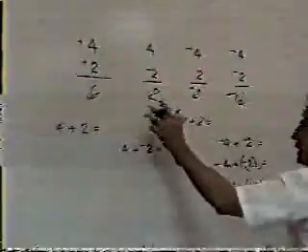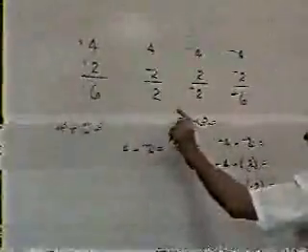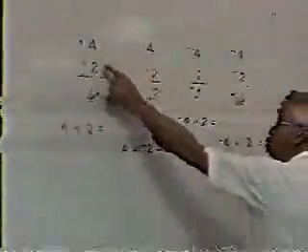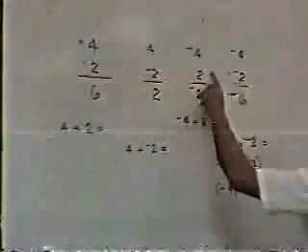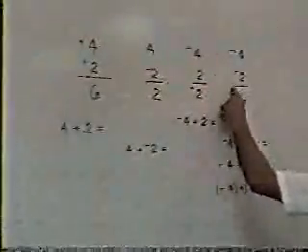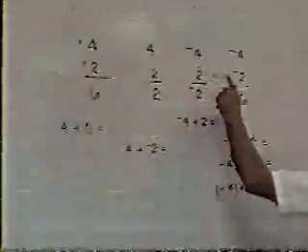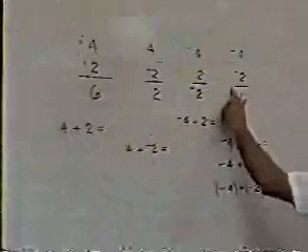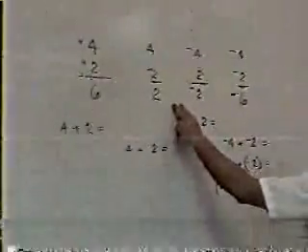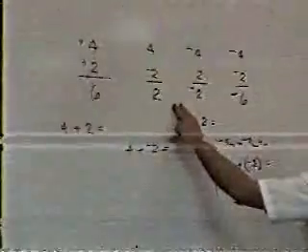All right, I got that up there. I want you to keep looking at it. I want to keep saying it. And get these two sentences in your mind. When the signs are the same, you simply add the number and take their sign. Add the numbers, take their sign. When the signs are different, you subtract the number and take the sign of the largest.